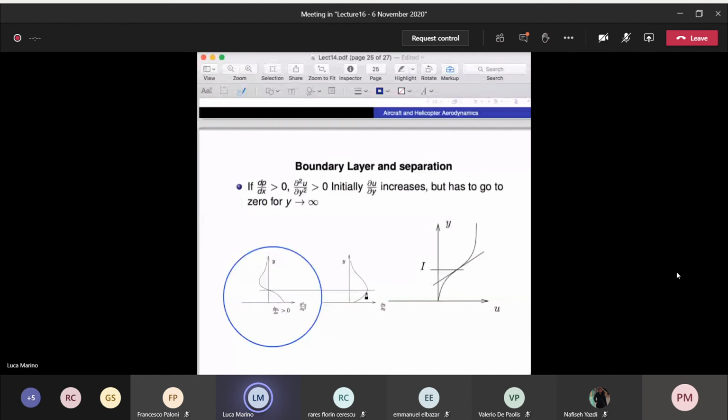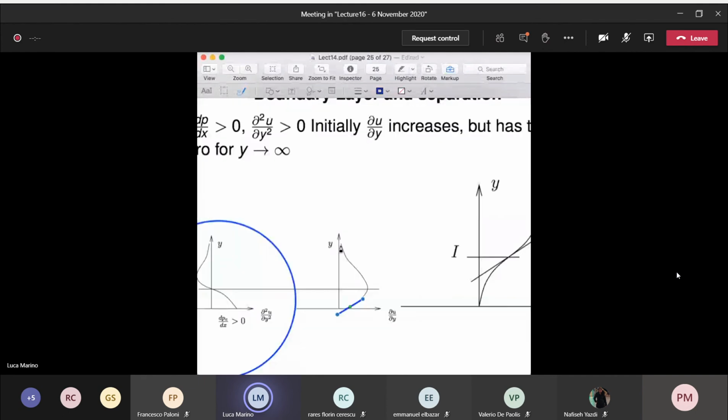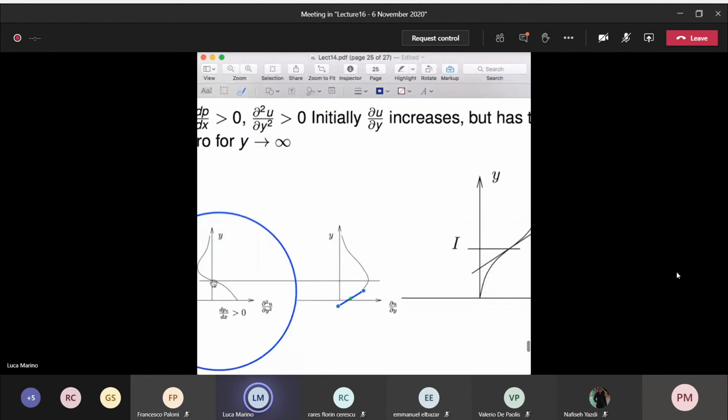This is the slope of the shear stress, which is given by this number. But we know that far from the body, the shear stress has to be 0. So there should be a maximum. If you have a maximum for the u over y, you necessarily need to have a 0 for the derivative of u over y, which is the second derivative of u.